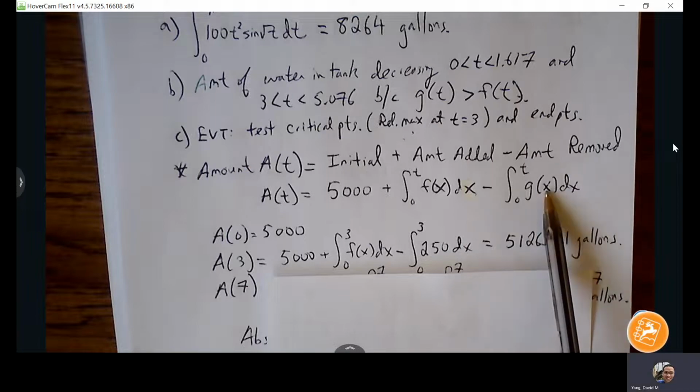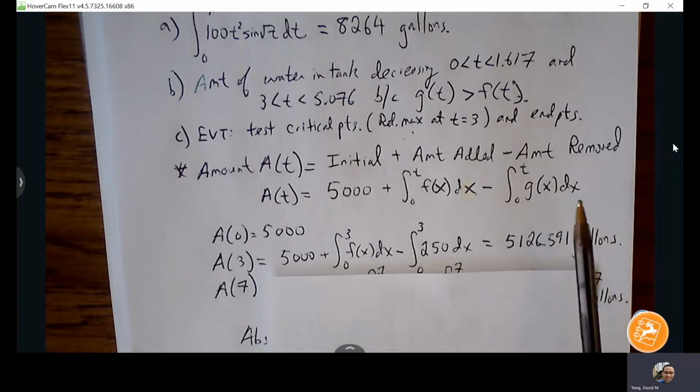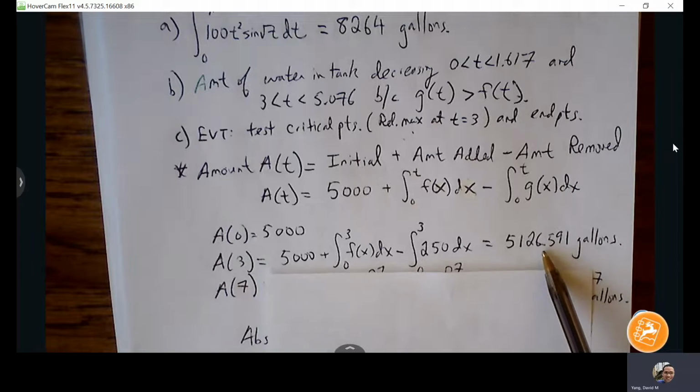Now, g of x is changing halfway through the problem, right? Because it's 250 gallons per hour, then it switches to 2,000 gallons per hour. So if I want to find out how much water is in the tank at 7 hours, I'm going to just build off of a running total, because I know how much is in the tank at 3 hours, and I'll just go from 3 hours forward, right?